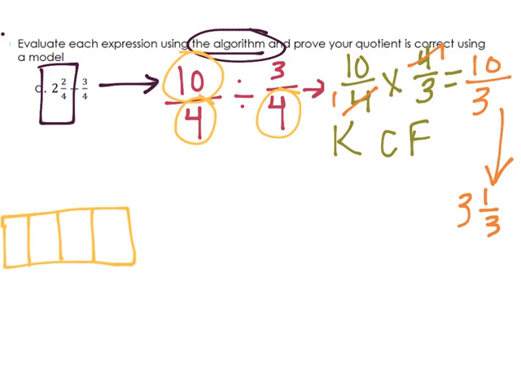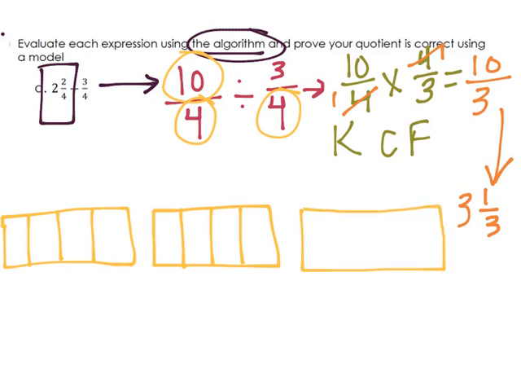So I'm going to draw another tape diagram. Every tape diagram has to be the same, so I'm going to split it into fourths again. That leaves me 8 boxes, still not quite enough to shade in 10 to represent my dividend. So I'm going to draw one more, cut it into fourths.